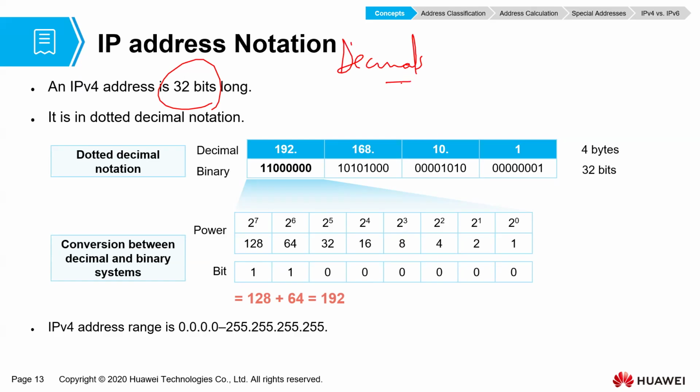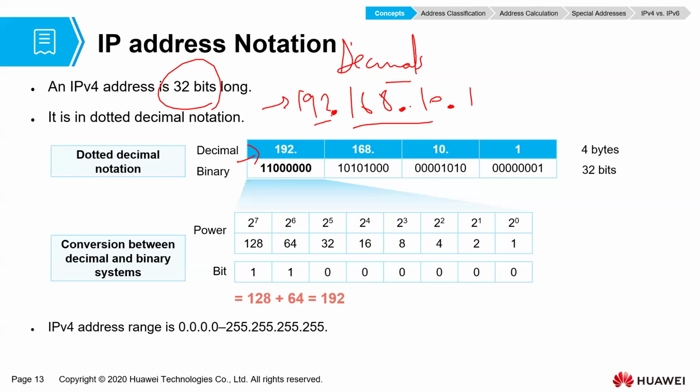So this is a typical IP address highlighted here, 192.168.10.1. These are decimal values. When we're reading those values, it's much easier if we're using decimal. But we all know at this stage that computer systems understand binary. So we need to convert this value to binary. Now, you can see the dots are up.